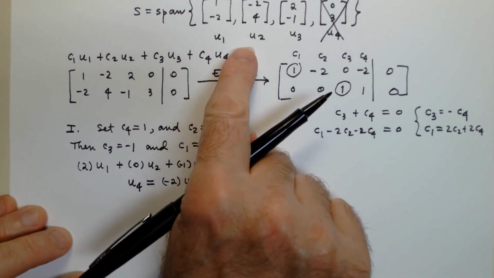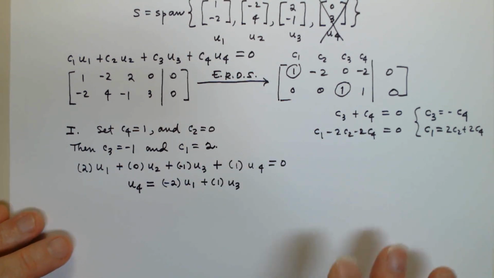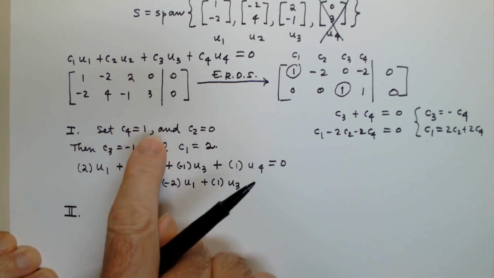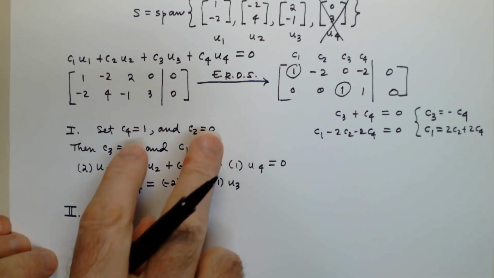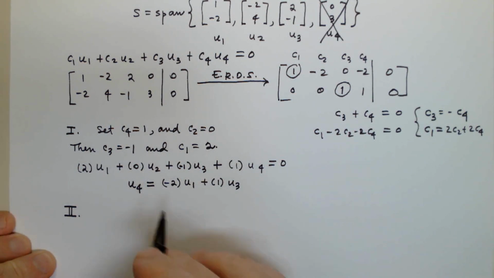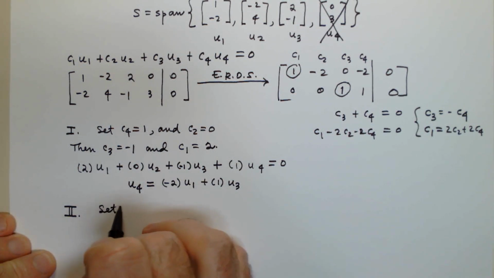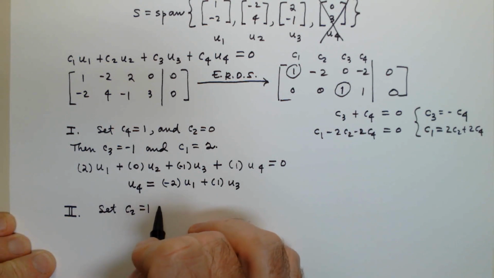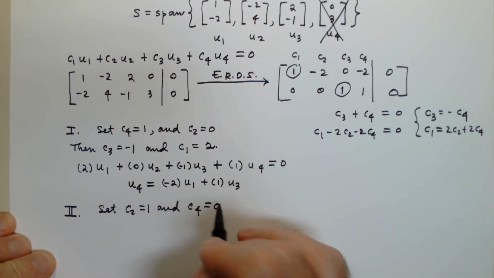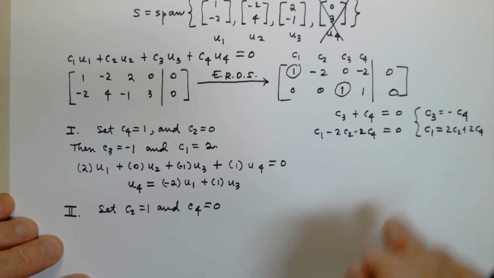All right, now let's show that U2 is also redundant. So kind of imitating what I did here, I want to switch the roles of these. I want to now let C2 equal 1 and C4 equal to 0. Okay, now let's look at what falls out of that.